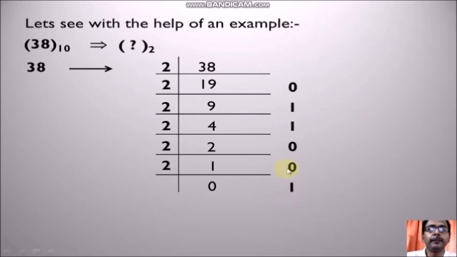So these are the binary digits. This last digit is known as the MSB, or most significant bit, and the first one is known as the LSB, or least significant bit. So you have to write from bottom to top. This way we have to write.